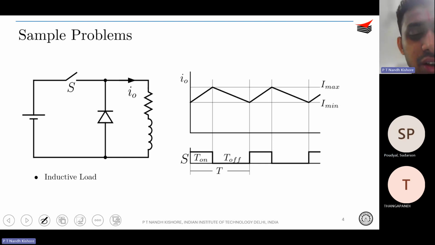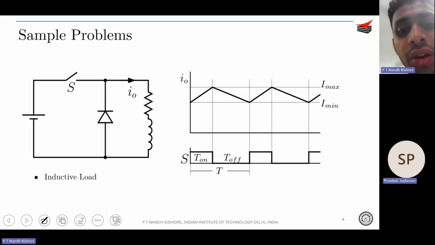So it's almost a pure inductive load, right? Because your RA is very small. Therefore, you will not see the RL type of transient, like an e power minus R by L kind of graph. You will see almost a straight line. That's what I have drawn over here as well. So this is a potential application, as an answer to your question.